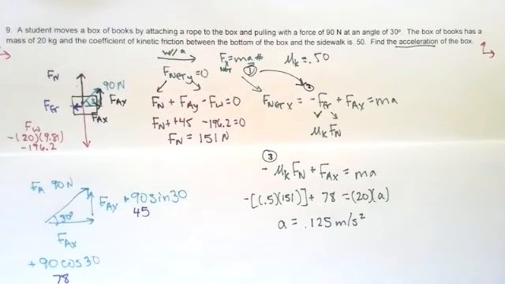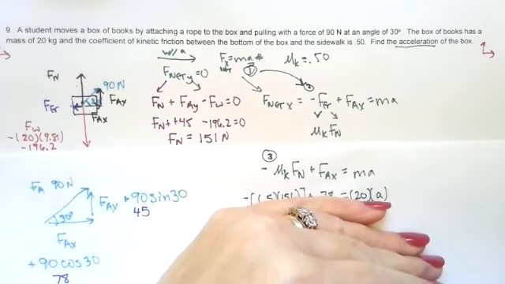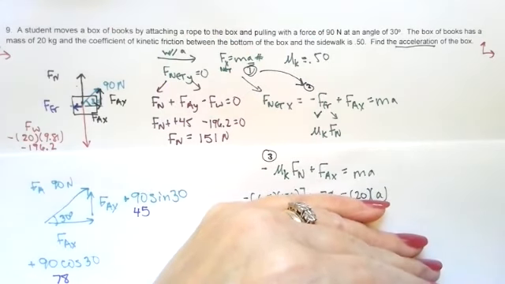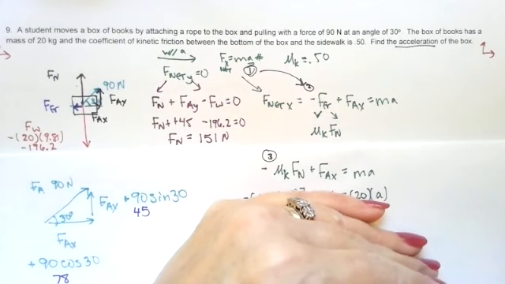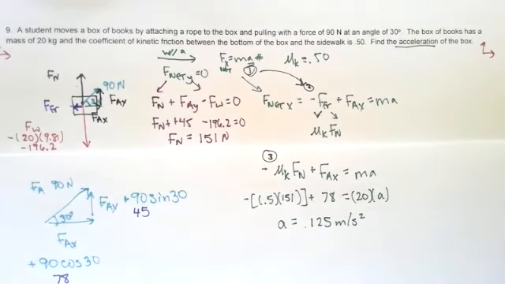Really, a lot of times on the AP test, you'll stop there. They'll say, come up with an equation to solve for acceleration. And that's it. That's your answer. They don't even care about the algebra. I find people are a little more comfortable if they can get to the end and they know they have this value, they got through the problem correctly.